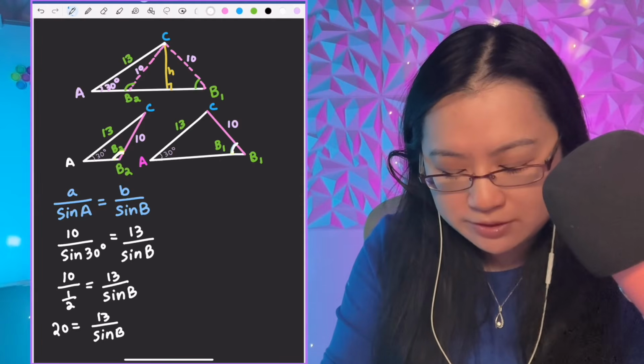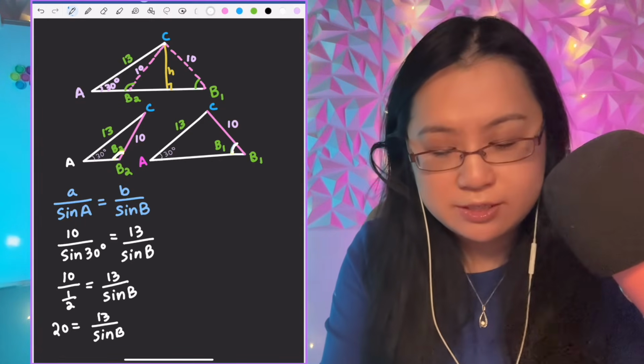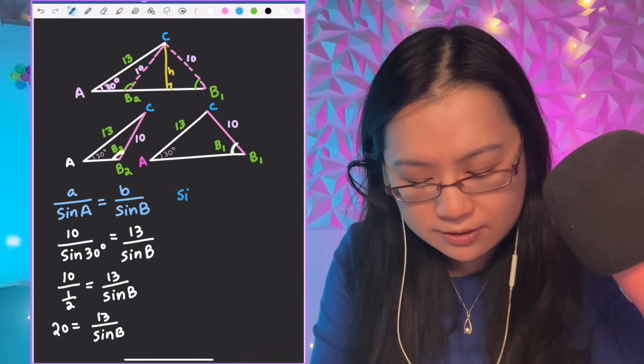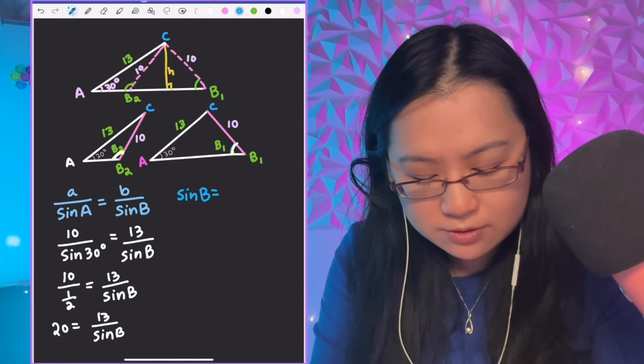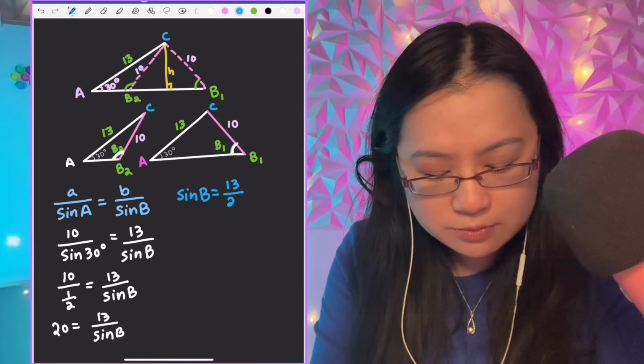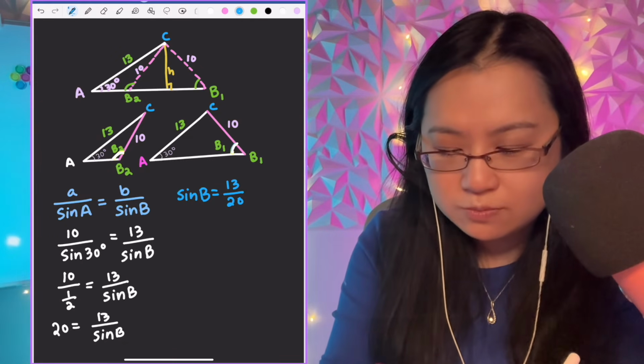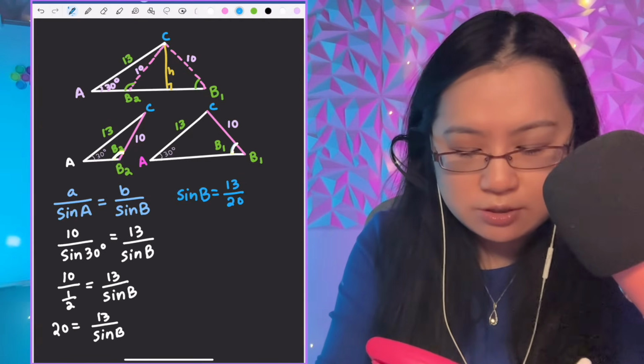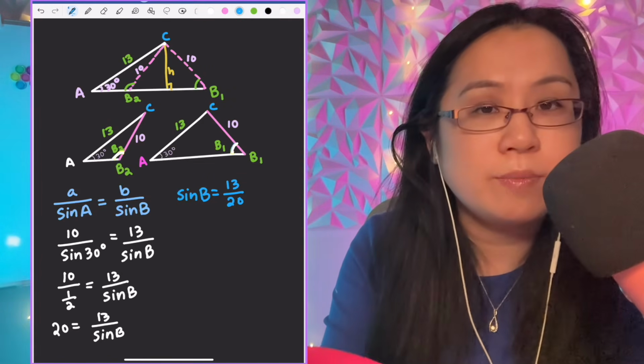And so I multiply sine b over and then divide by 20. So I will get sine b equals 13 over 20, which I believe is going to be a nice clean decimal. 13 over 20 is 0.65.